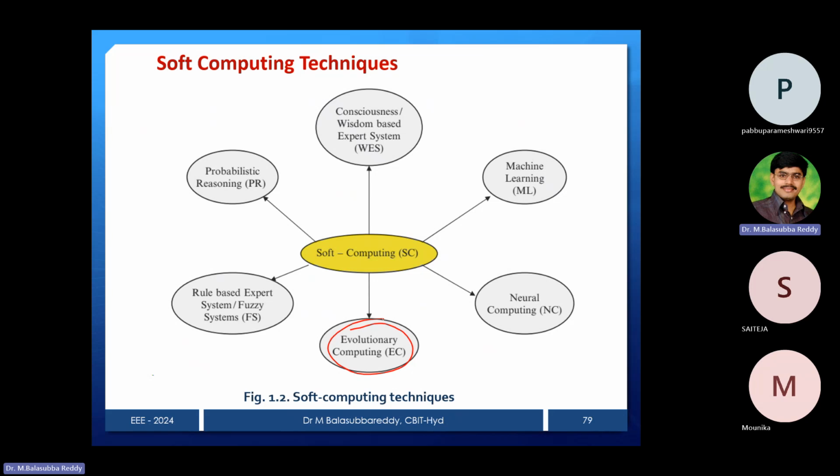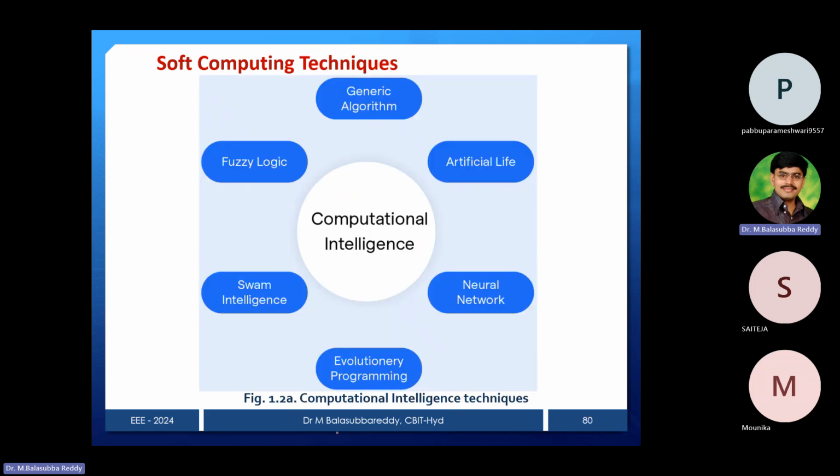In turn, they may have many types of algorithms, which we'll also see here. Under computational intelligence, broadly we can say genetic algorithm, artificial life, fuzzy logic, and swarm intelligence. This is very popular normally. A swarm is nothing but a group of agents.